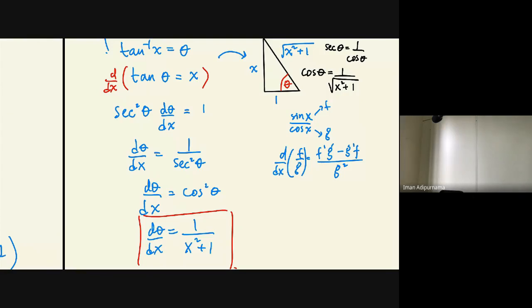So sine, cosine, tangent, secant, cosecant, cotangent. Do you know why the name is cosine? Co is complementary sine. So you see the sine and cosine complement each other.